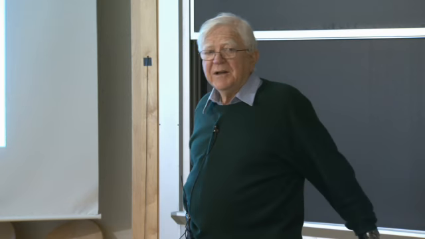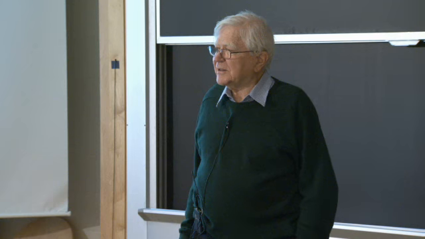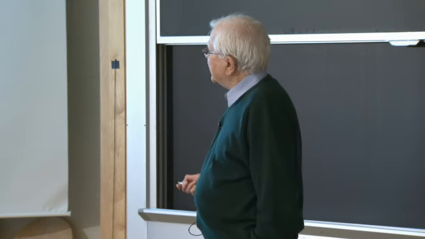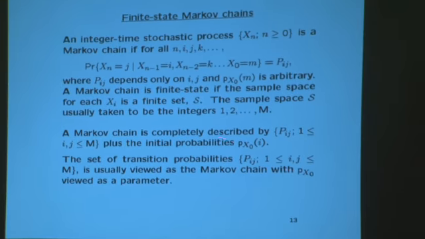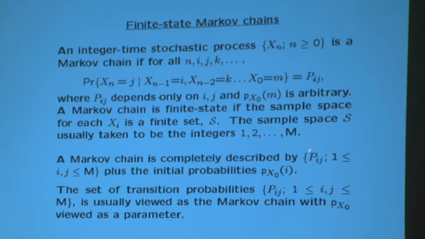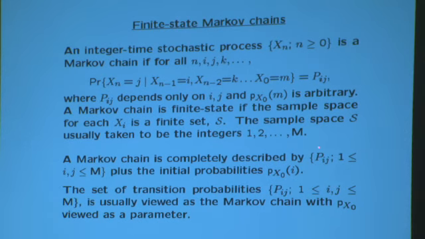Only one parameter is necessary for a Poisson process. For a finite state Markov process, you need a lot more. What you need is all of these values p sub ij. If you sum p sub ij over j, you have to get 1, so that removes one of them. But as soon as you specify that transition matrix, you've specified everything.